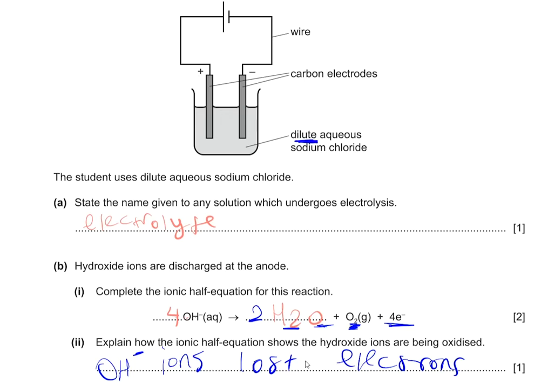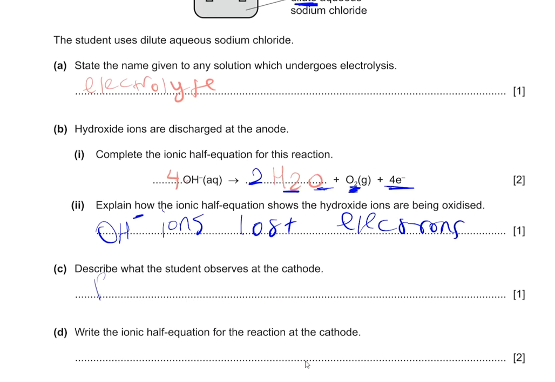Since it's a dilute solution, hydrogen will always form. Therefore, hydrogen gas would form here. So over here we're going to have H2 gas, which will cause us to see bubbles forming at the cathode side.